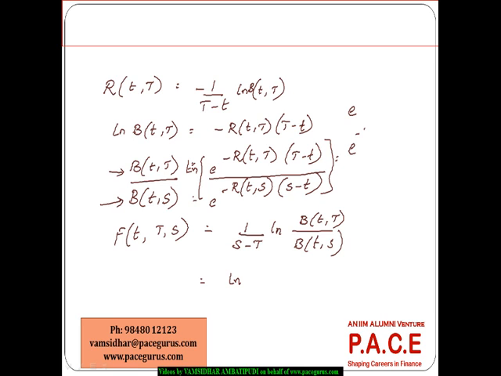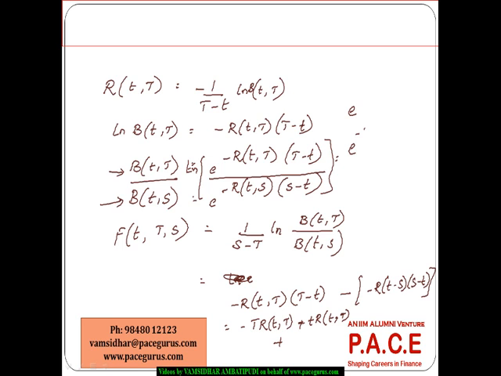So in short, it is becoming minus R(t,T) times (T minus t) minus minus R(t,S) times (S minus t). Now let's expand it: minus T R(t,T) plus t R(t,T).